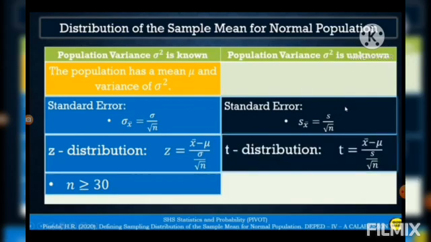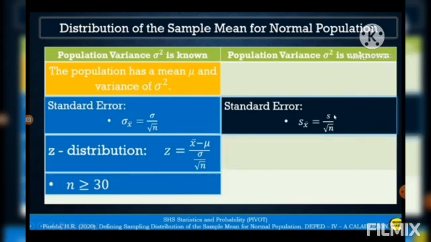We have a standard error of s over √n. The population has a mean and variance, where σ is unknown.